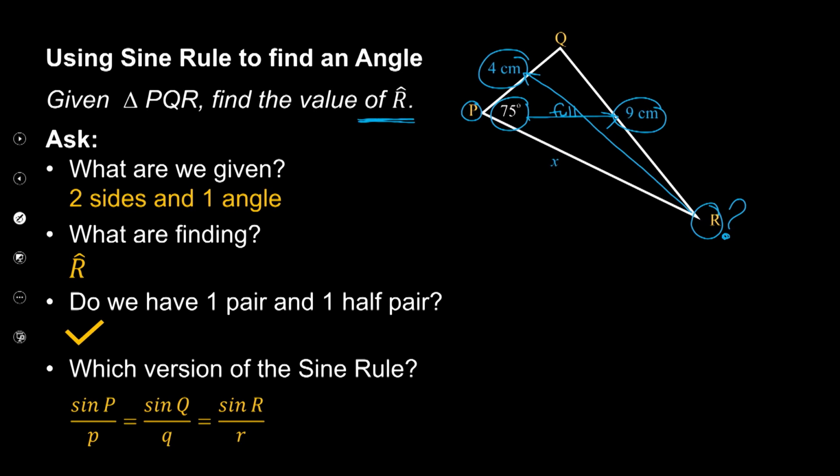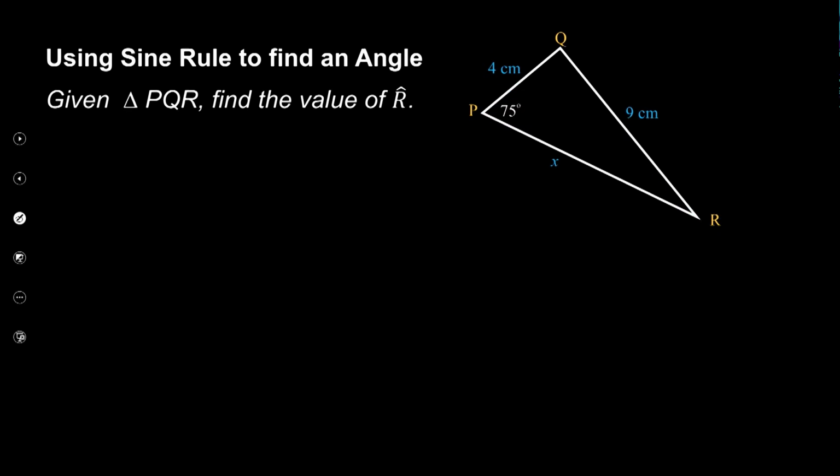So we've got the angles on top because we're looking for an angle. Because we have the full pair of P, that's the full pair we're going to use, and because we're looking for R, we're going to use that half pair. So we're going to use these two pieces of our equation.